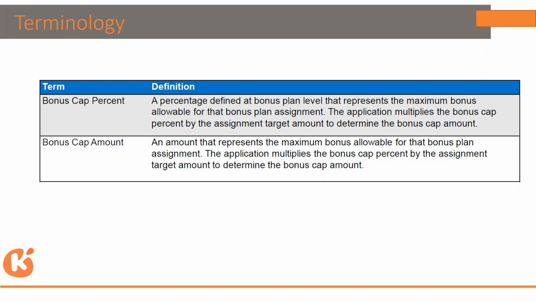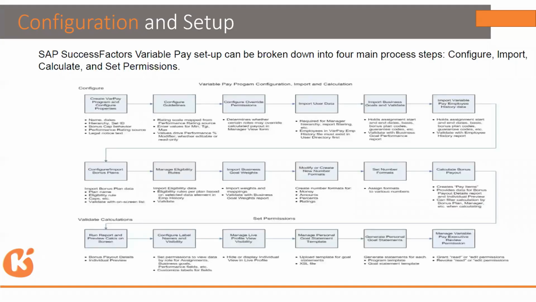If you remember, we saw this in compensation. When I was trying to increase a certain amount and percentage, it was coming in red. The same thing is here also. You're giving a cap for the maximum percentage and maximum amount you can increase. Now, these are all the configuration steps actually.